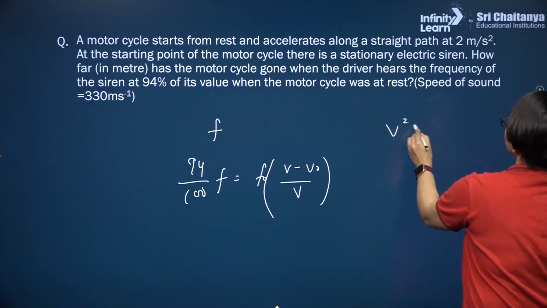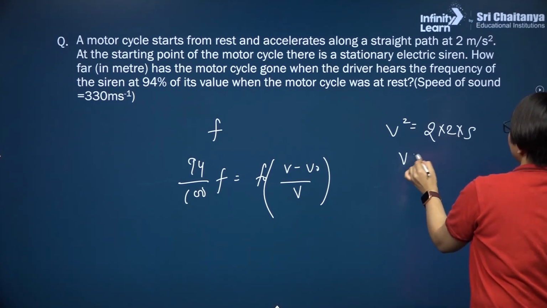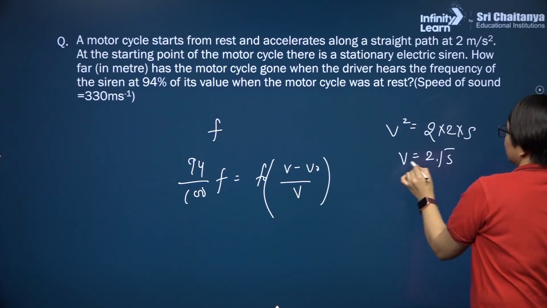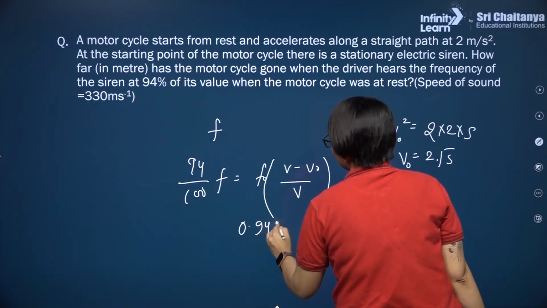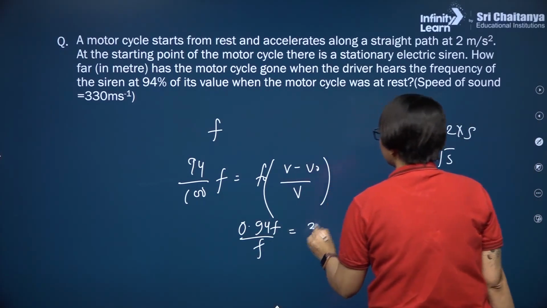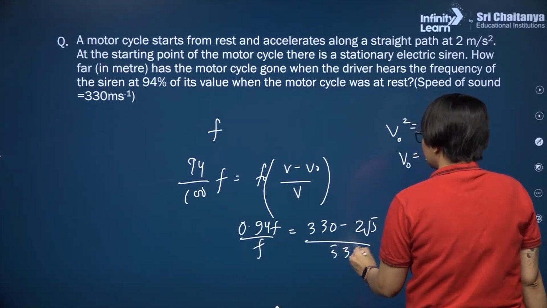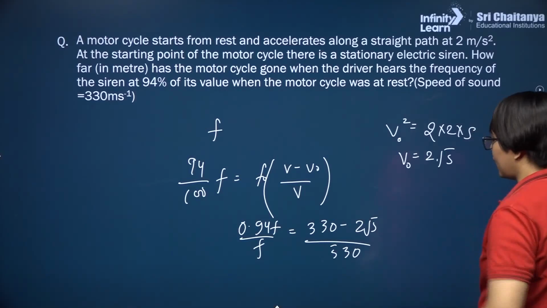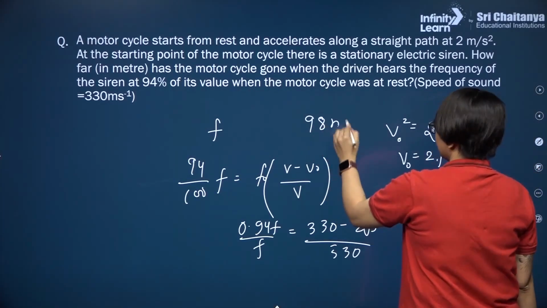So V square is equal to U square plus 2AS, so V will be 2 under root S, the velocity of the observer. So 0.94 F divided by F is (330 minus 2 root S) divided by 330. So this will give you the value of S as 98 meter.